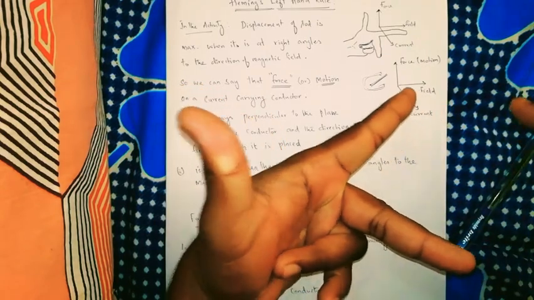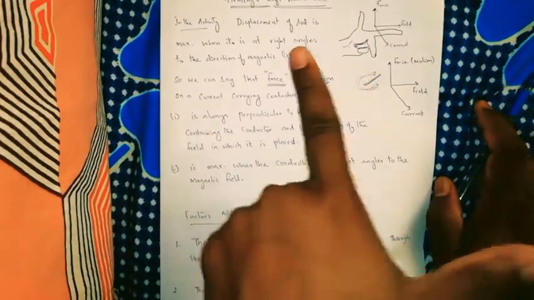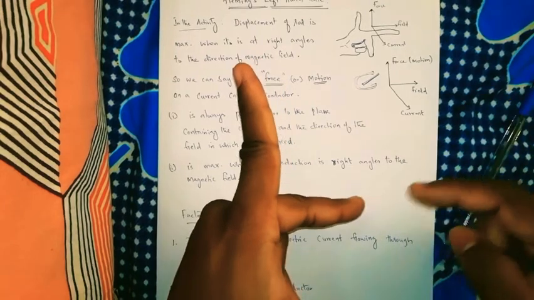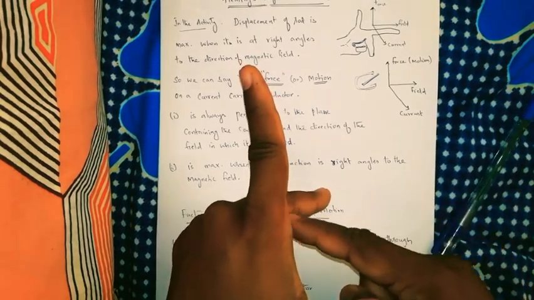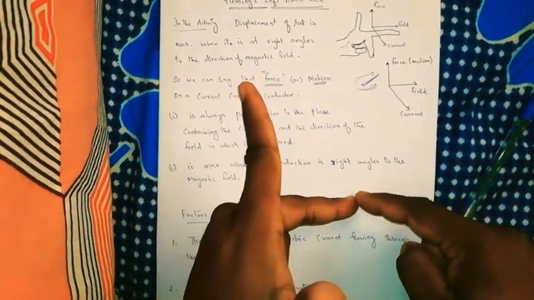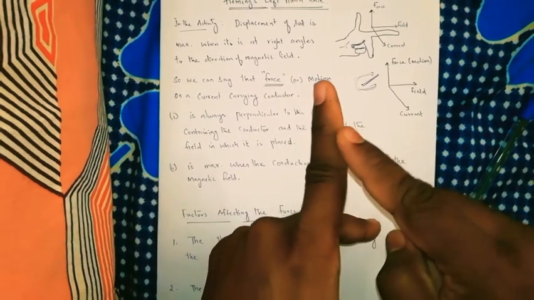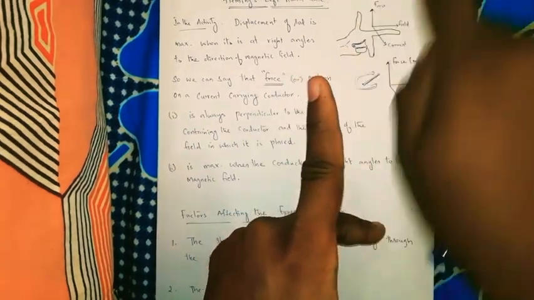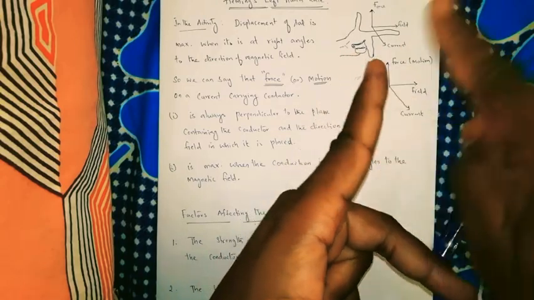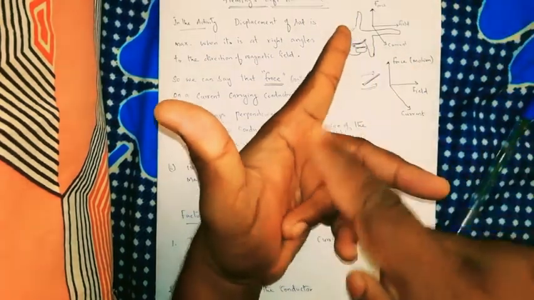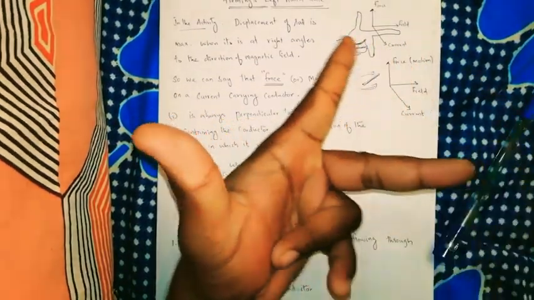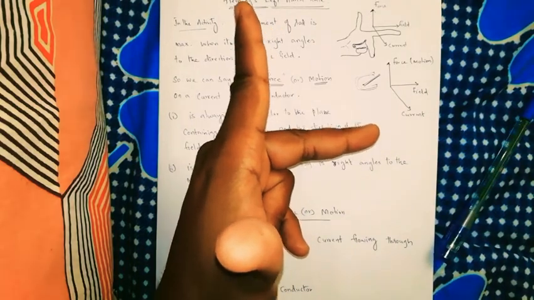I'll try to give you an example like this. Current will always be taken from the ground, so you can take that the middle finger is the current, and this forefinger is pointing to something, a field. So you think that, okay, magnetic field. And this thumb talks about some kind of motion or force.